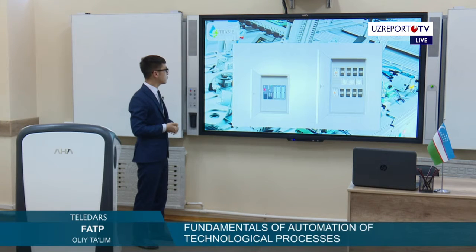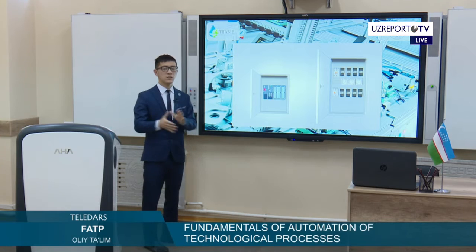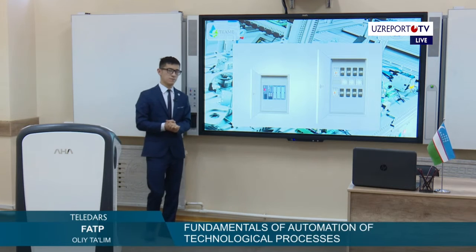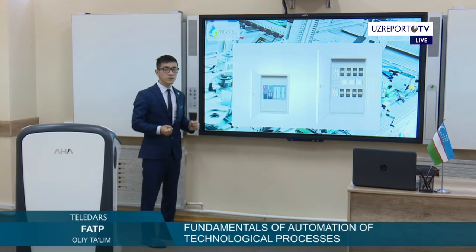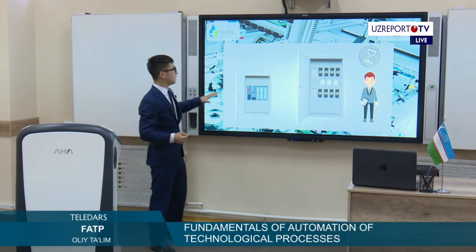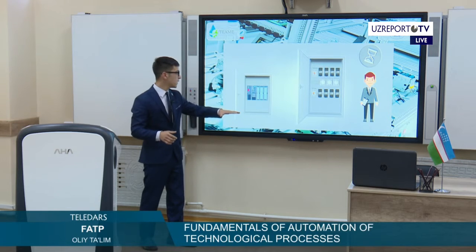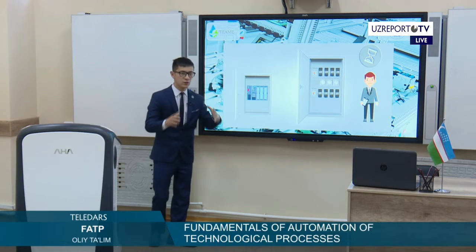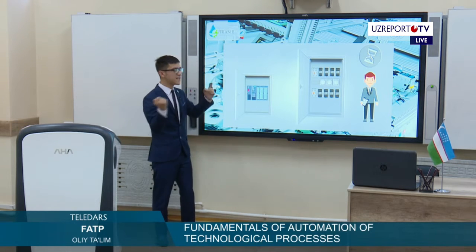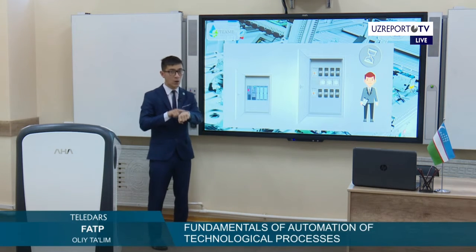In programmable controllers, the most important side is that you can change the functions of the controlling and making system in a couple of seconds. But in a classic shield, to make a new project or new plan of controlling technology process, you need to take off the shield, make your own again, make a new system of control, set it, and test the technology process, and it takes a lot of time.